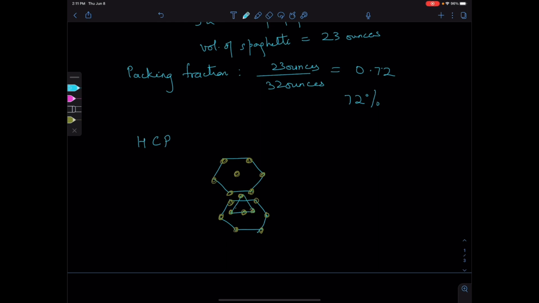These 3 atoms fill in the void that is created when we pack these atoms in a hexagon. So we have to assume that these are packed like this, touching each other. So if this distance is a, and if the radius of the atom is r, then a is equal to 2r.